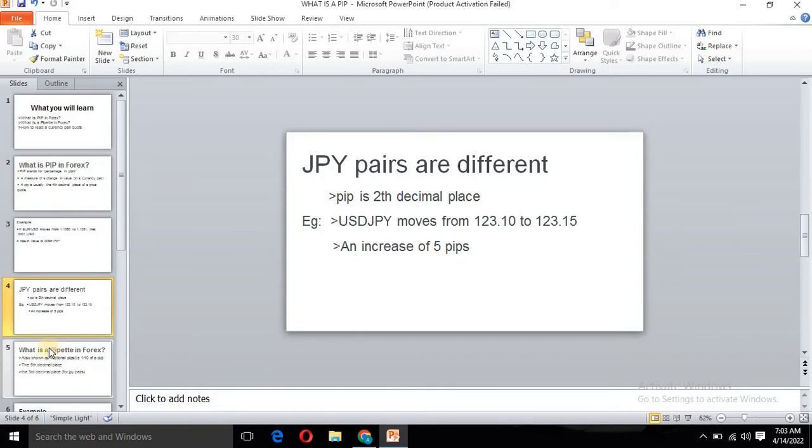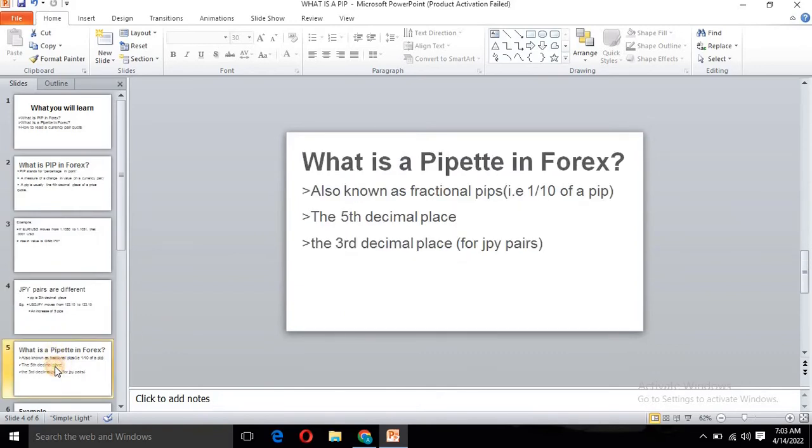So having understood that, the next thing you need to understand is what a pipette is in the Forex market. Remember, I told you to ignore something at the end of the price, right? So here we are going to be explaining what that thing means, also known as a fractional pip, which means 1% of a pip. That's what pipette means, right?